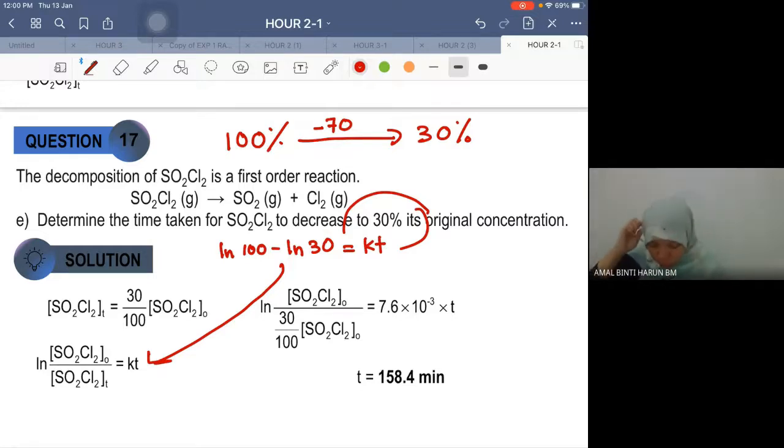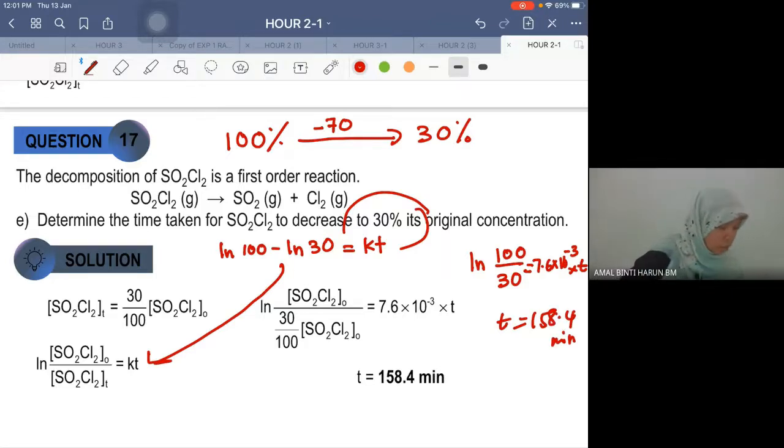Okay, lepas tu substitute masuk. Okay, macam ni ya. Jadi kita nak simplify. Boleh tekan calculator, dapat tak? Ln 100 divide by 30, K is 7.6 exponent negative 3 times T. So T dapat tak? 158.4 minit.